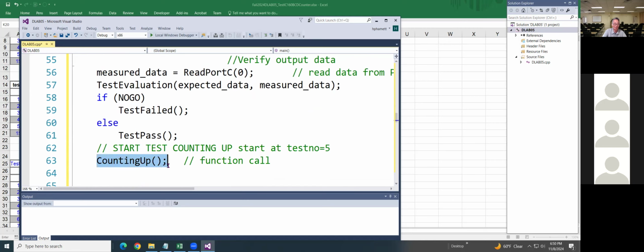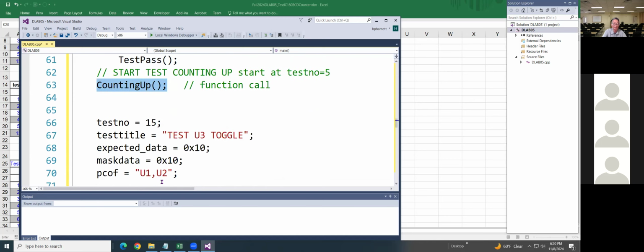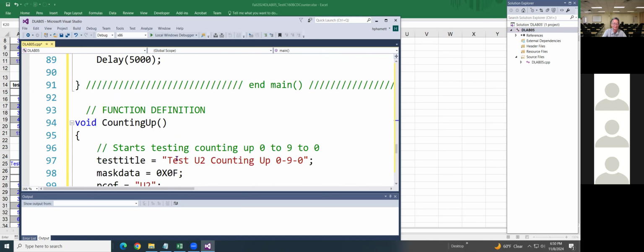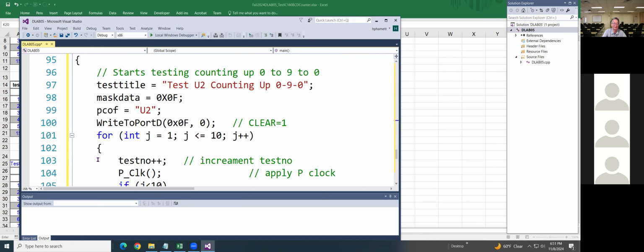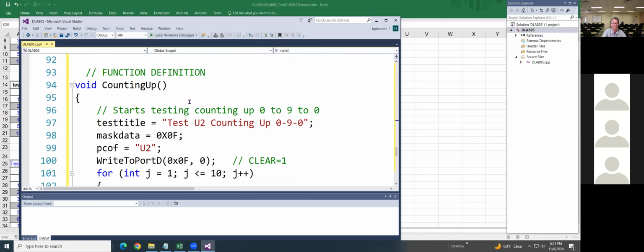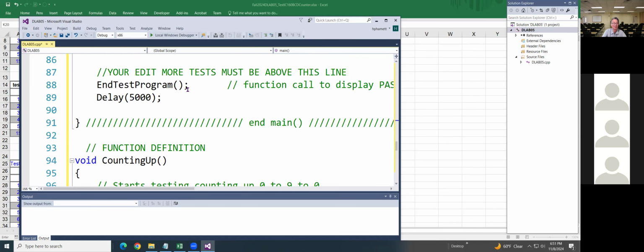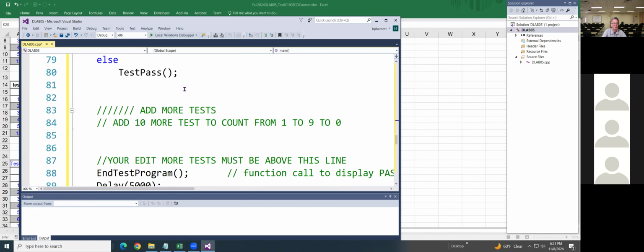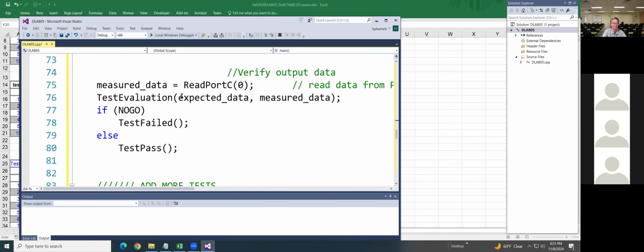They call a function call. The program will jump into the function definition here, and they run here. Okay? After they're done, they go back. Okay? And they will be running 15. At 15. The last one.